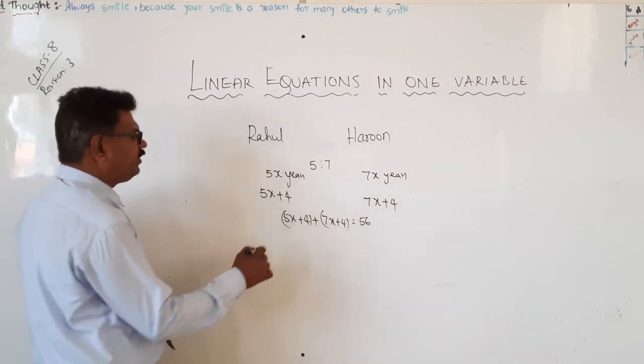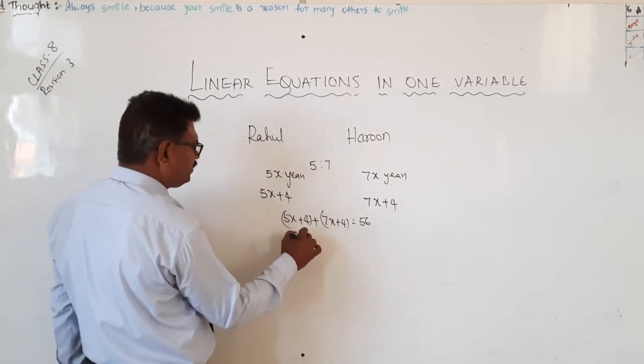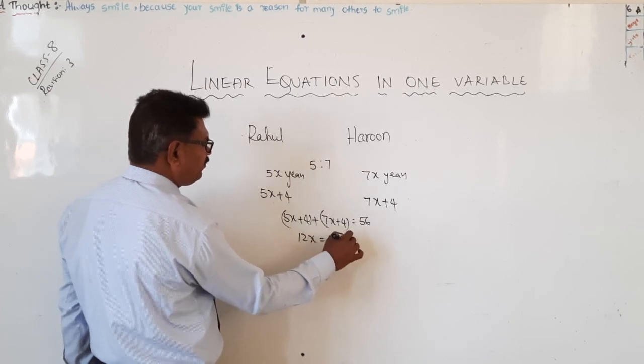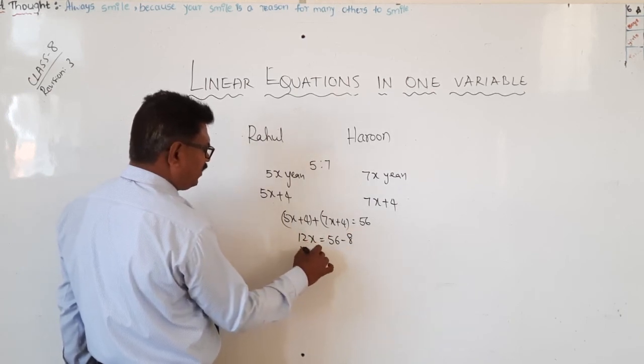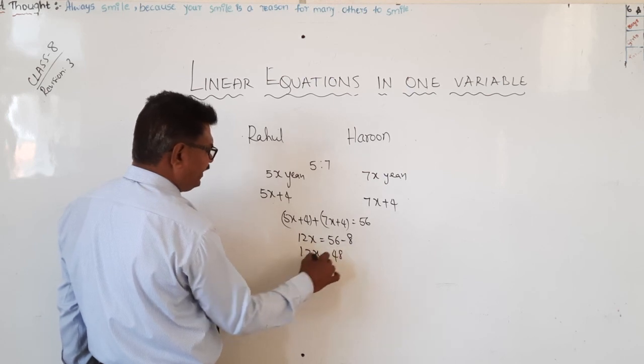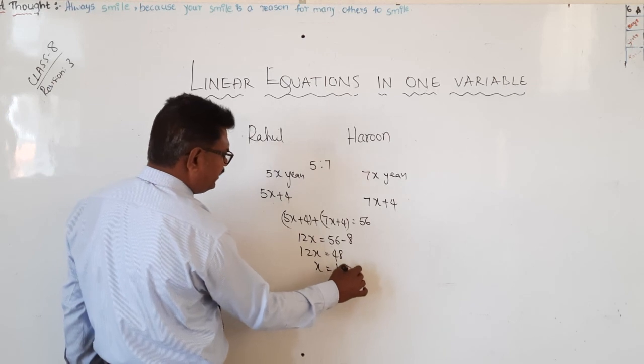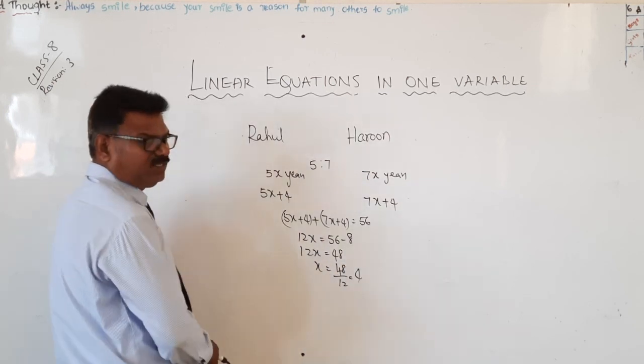Now 5x plus 7x is 12x, equal to 56 minus 8. So 12x equals 48, x equals 48 divided by 12, which is 4.